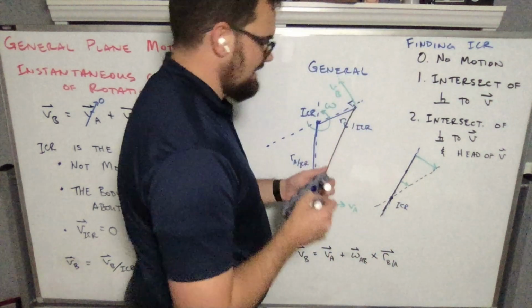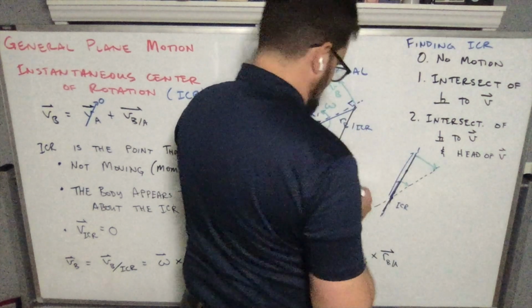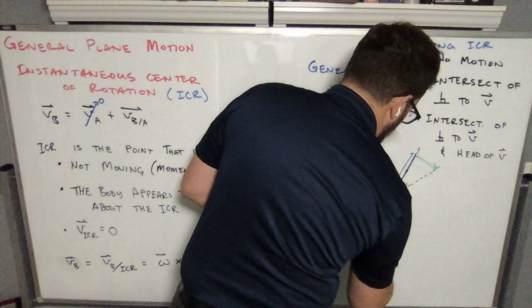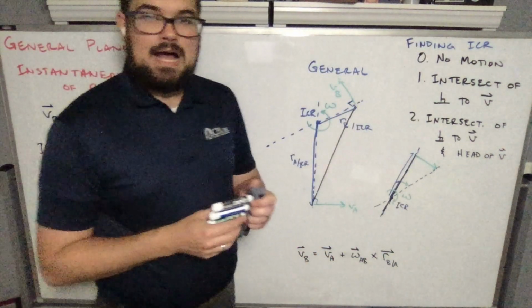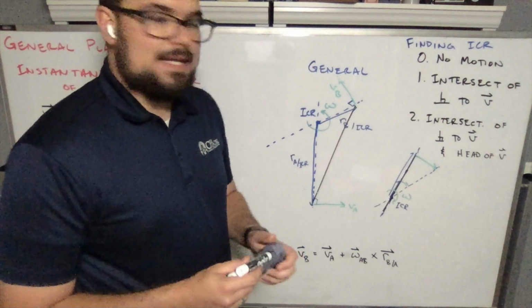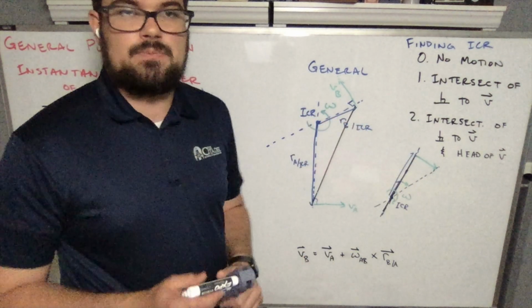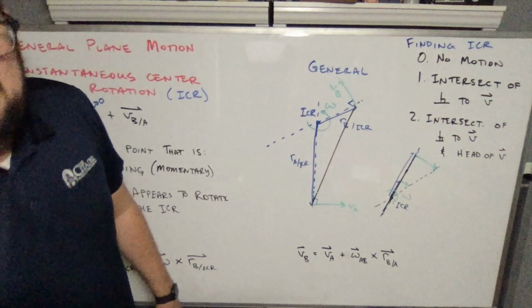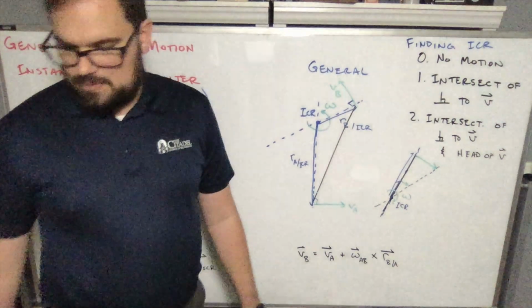What's great about this is that, again, we're still going to have our position vectors, something like that. And we'd have our omega, something like that. But what we've set up is two similar triangles. And so we can just look at the direct ratio of the velocity to the distance from the ICR to be able to calculate the different velocities along the length. And so that's the other way we can do this.